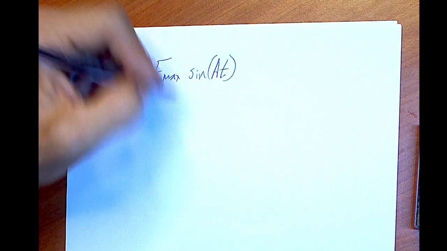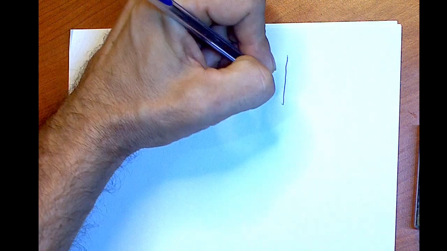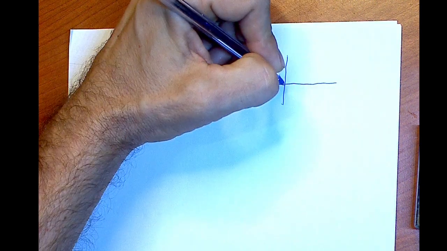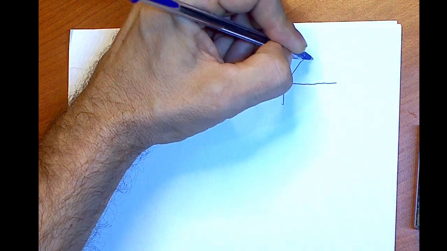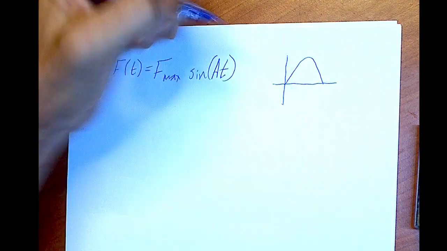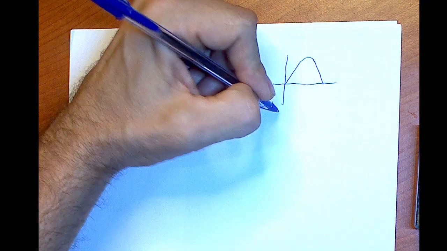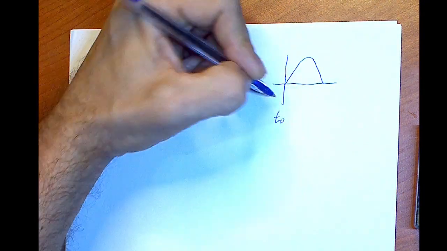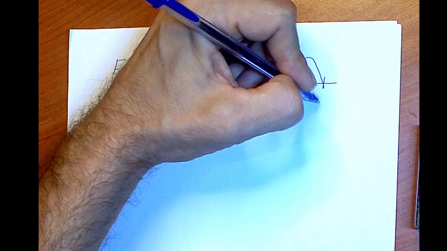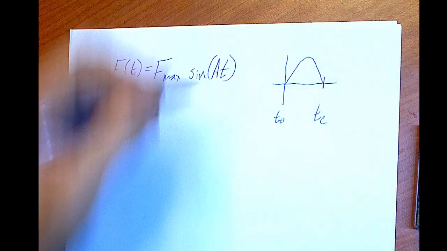We can solve for what a equals right off if we just recognize some common sense situation that this is a sine function that's going from t equals 0, t0, to some time of collision, tc.